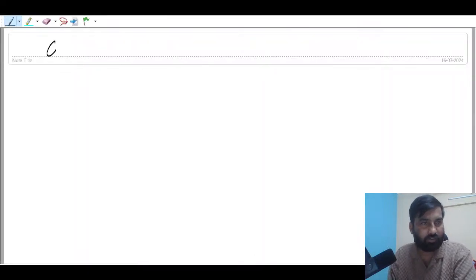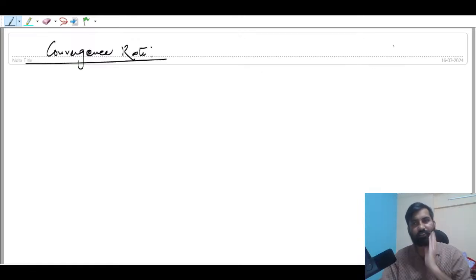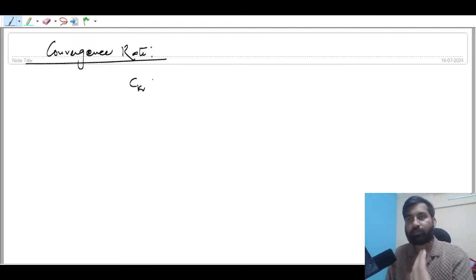What is the meaning of convergence rate? This is your final session on Fourier series. We have computed the Fourier series coefficients for a periodic signal, and we have also seen that the coefficient Ck varies according to 1 by k.